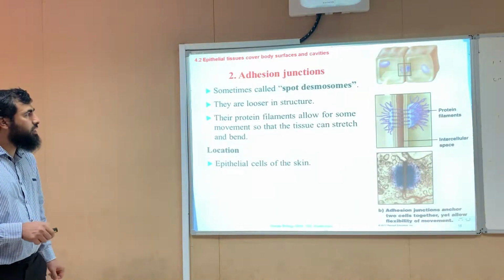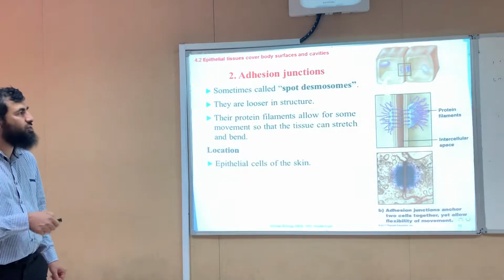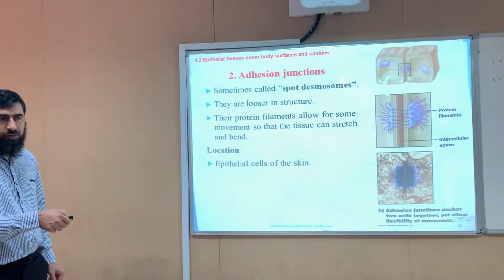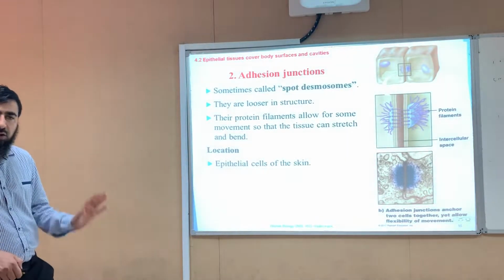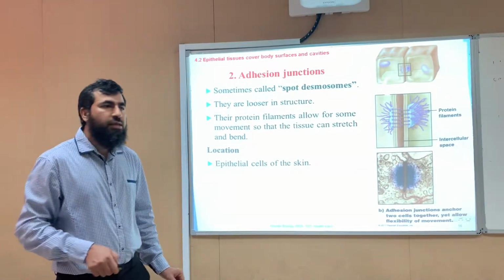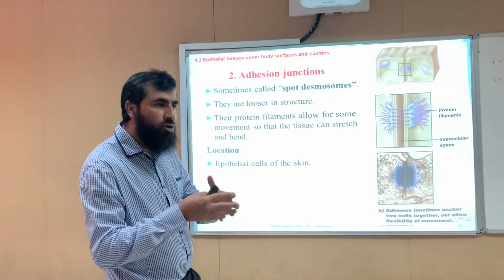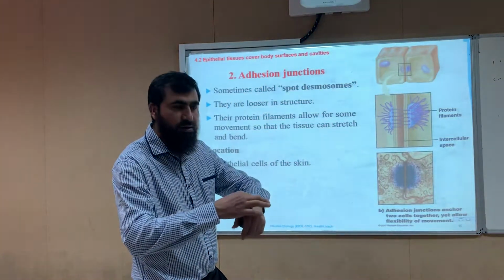All right. The second type is the adhesion junction, or we sometimes call it spot desmosomes, okay? These have a looser structure. They're not waterproof like the tight junctions. They give some, moderate strength, but allow flexibility, like in the skin, which is very flexible.